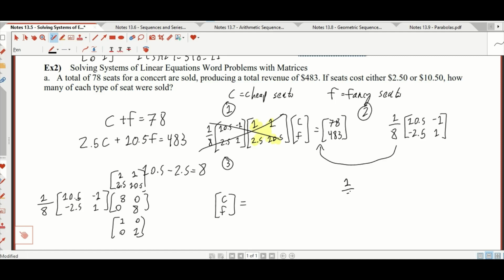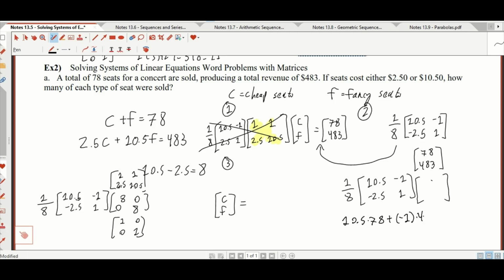So we're going to go 1/8, 10.5, negative 1, negative 2.5, 1. We're going to multiply that by 78, 483. So in this entry, we need 10.5 times 78 plus negative 1 times 483, and whatever you get divided by 8, because we need to take that 1/8 there.